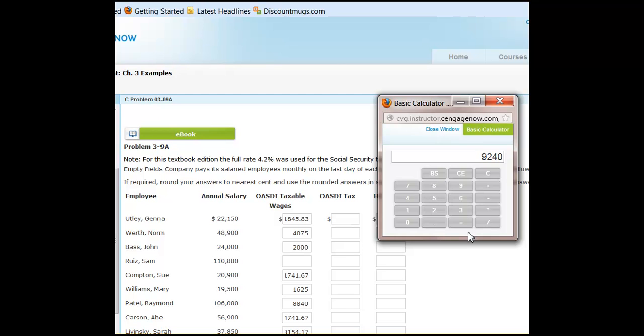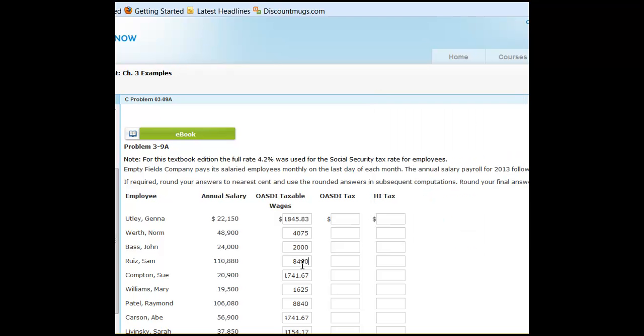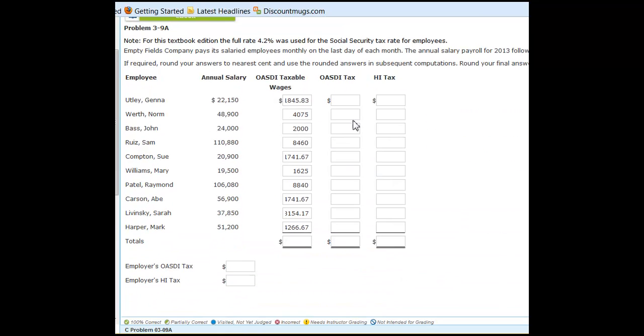So we're going to subtract out that $780, which is the amount he went over that maximum. So this paycheck, he only has to pay Social Security tax on $8,460.